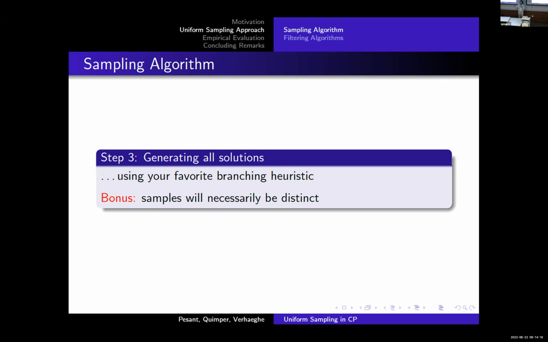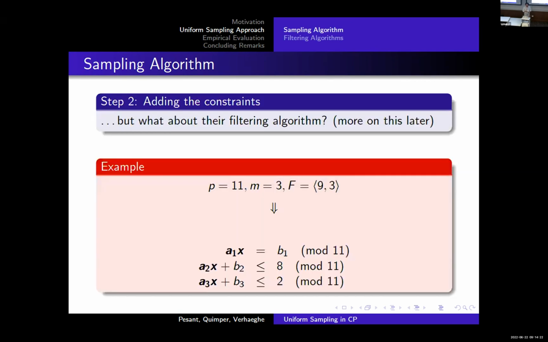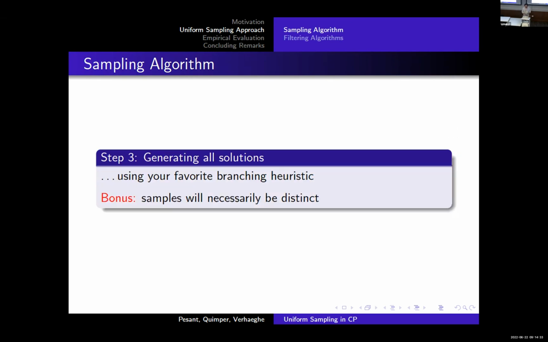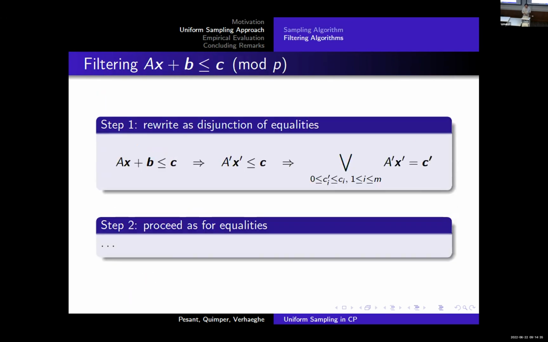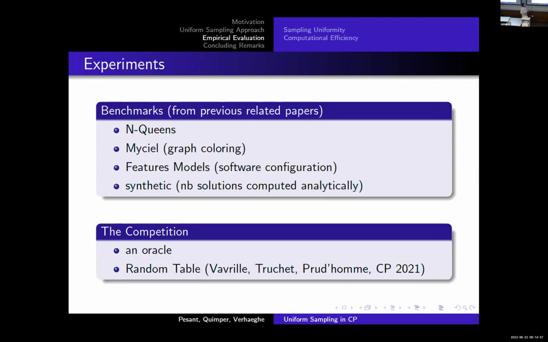Well, maybe you'll hit the same one twice. Here you don't. There's one step I skipped, and I'll come back if I have time. We want to do filtering on those constraints. What do you do? That's partly previous work, but if I have time, I'll come back to it. So we will skip over that and go to the experiments right away.